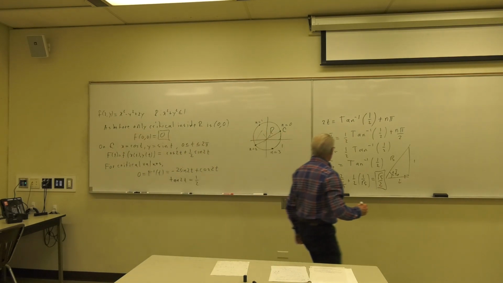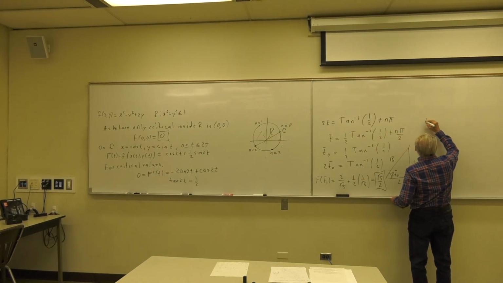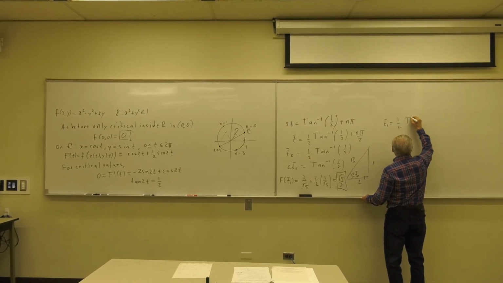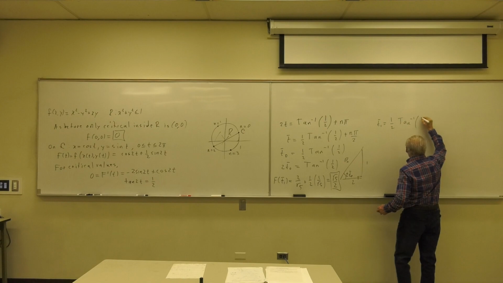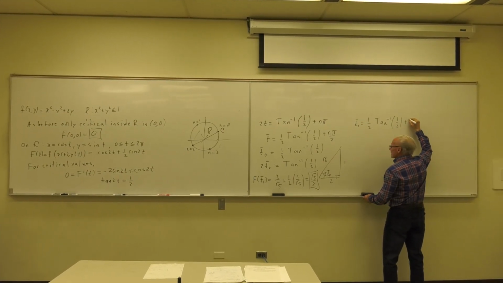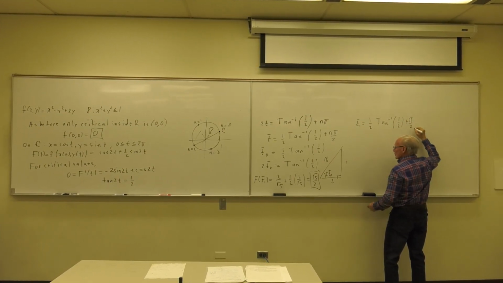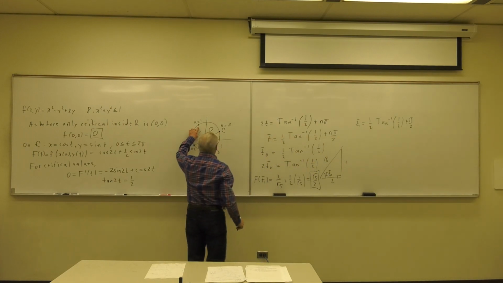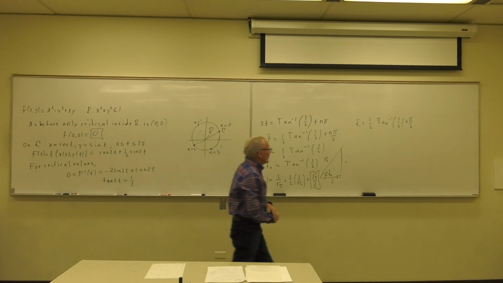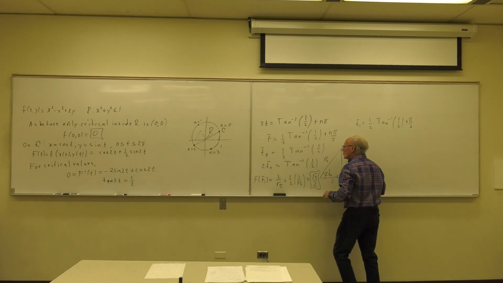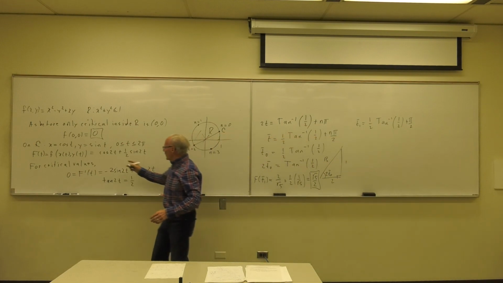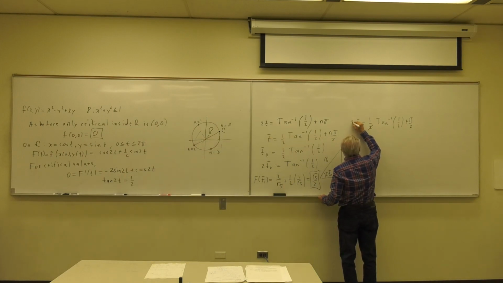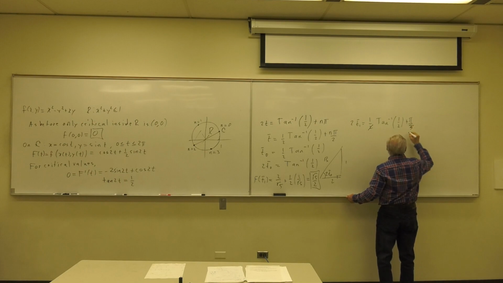Now let's go for t bar 1. T bar 1 is equal to 1/2 the inverse tan of 1/2 plus pi over 2. That's this guy here. We need 2 t bar 1 to put into here and here, so let's take the 2 on top, put it there, which means that one's gone.